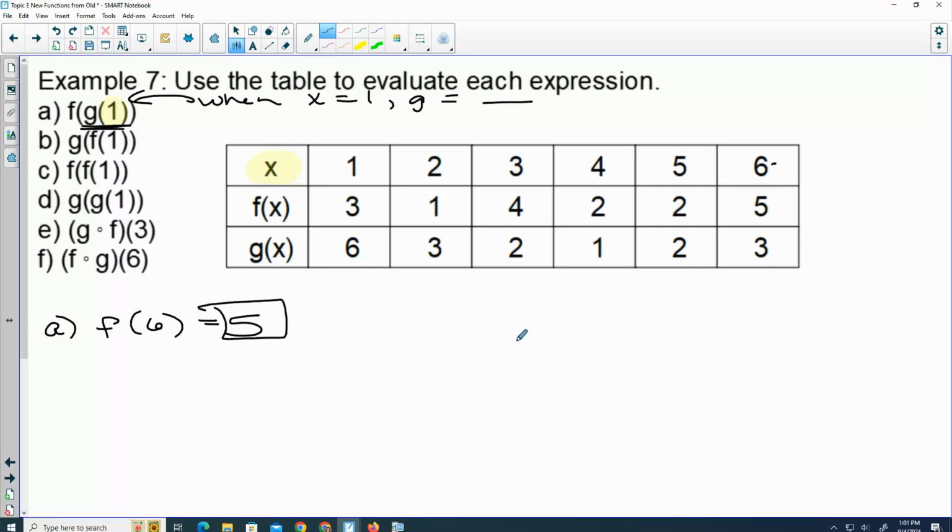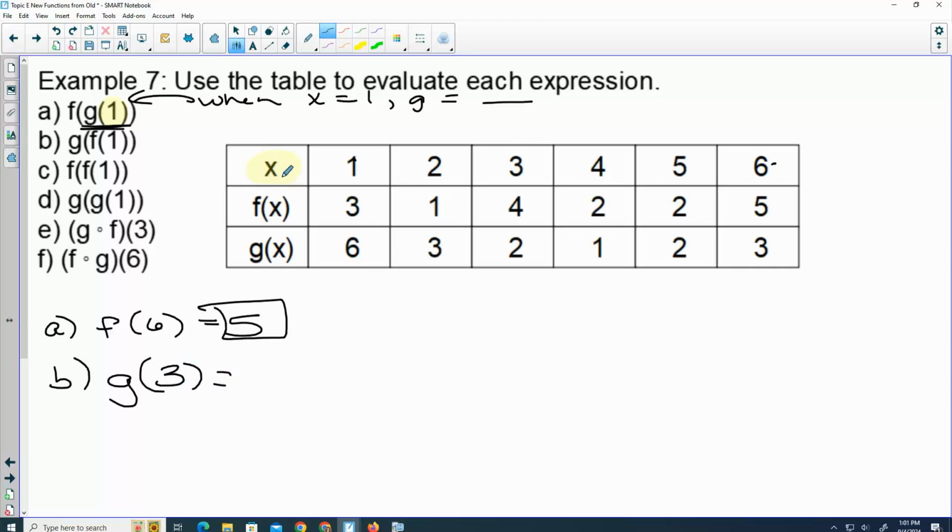Wait, how did we get that? We started with the g of 1, and that would give us 6. So now we have f of 6. When x is 6, what is f? Now, g of f of 1. So start on the inside. F of 1. It says when x is 1, what is f? 3.